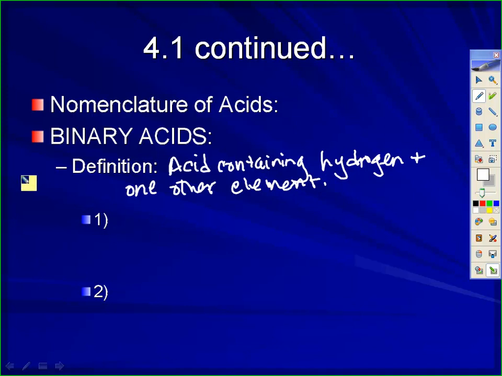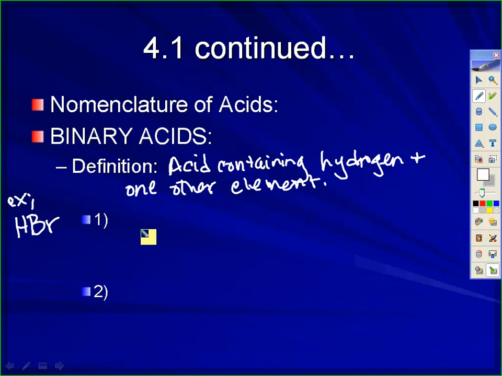Over here to the side, I'm going to do an example, let's do HBr. Here we have a binary acid. We have just hydrogen and bromine. You see our ionizable hydrogen is out front, so we recognize it as an acid.